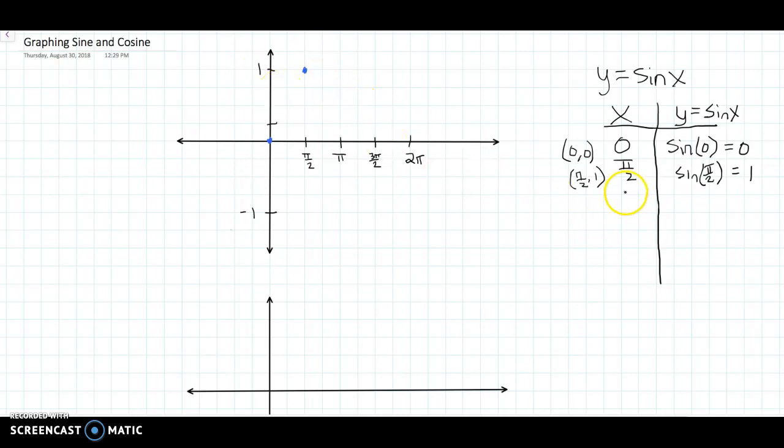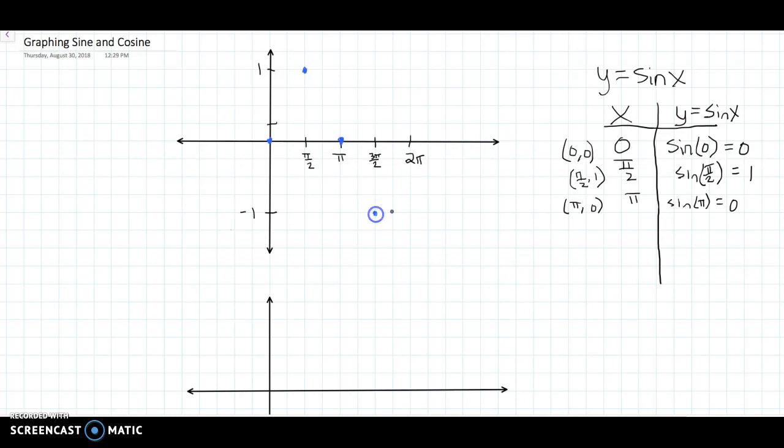I'm now going to input pi and evaluate what sine of pi is. That's 180 degrees, and sine of pi is 0, and therefore I have a point on the graph of pi comma 0. So let's plot that again, going back to the graph right here. Sine of 3 pi over 2 is -1.